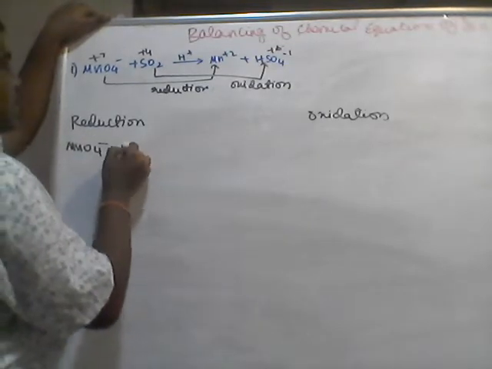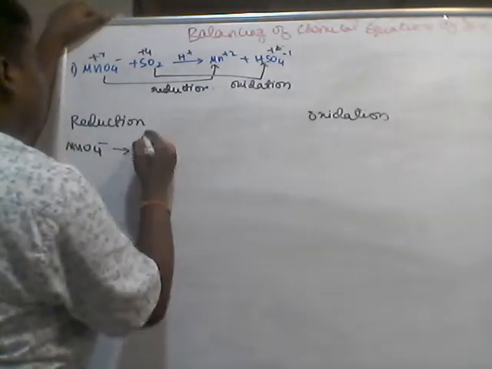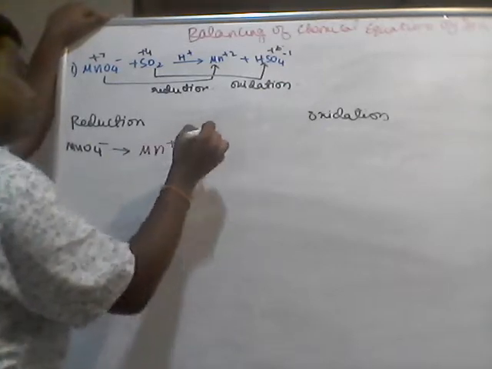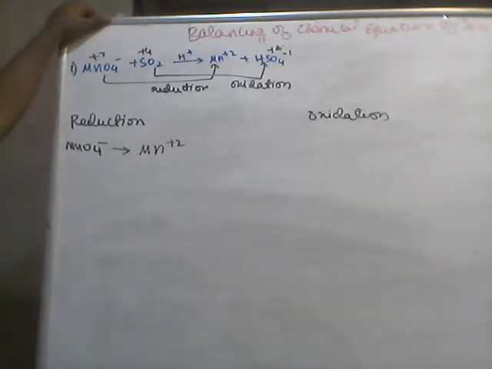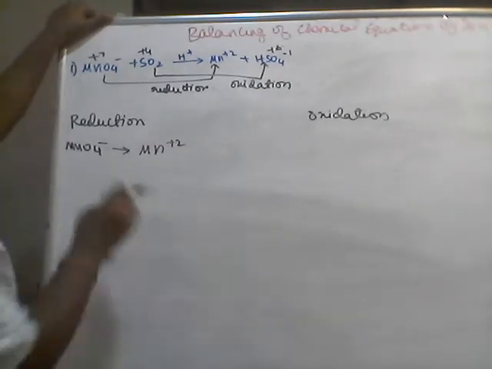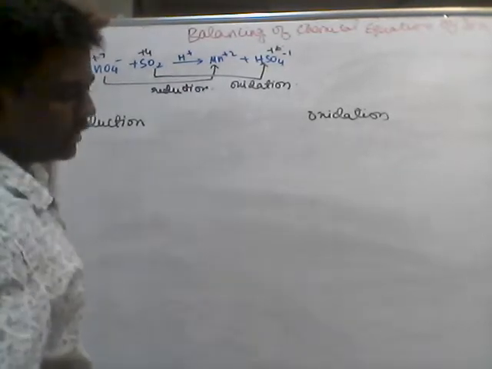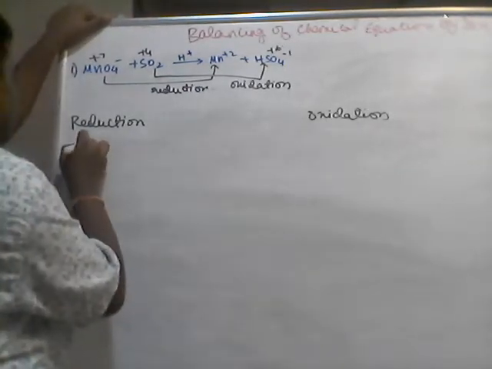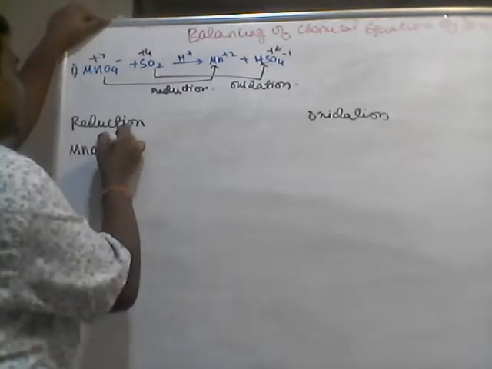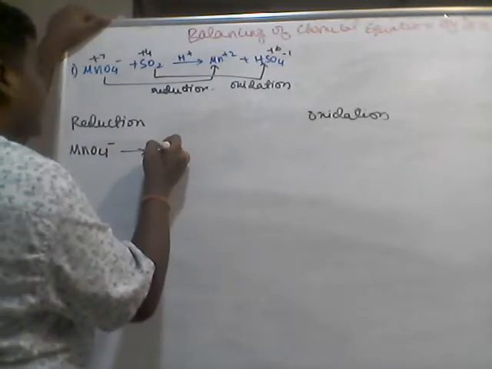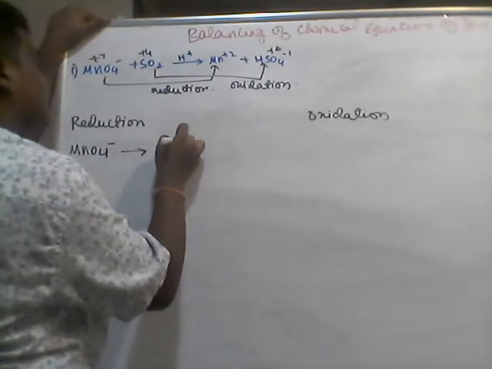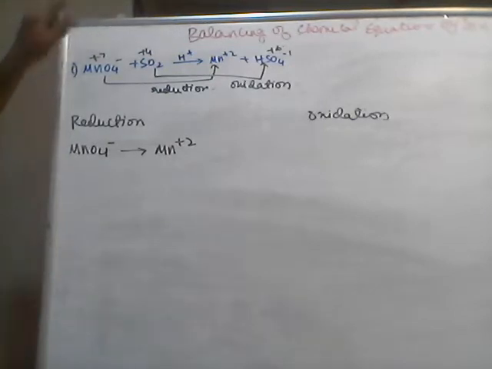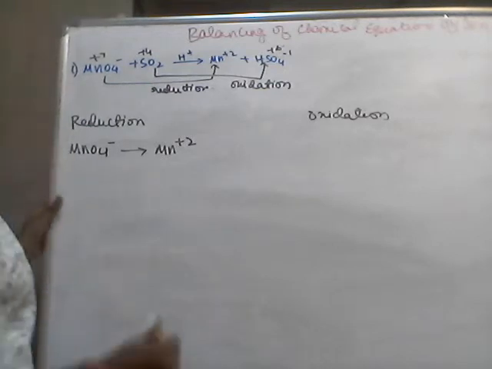MnO4 minus gives rise to Mn plus 2. Now, the first basic step is what? Balancing the elements other than hydrogen and oxygen. The element other than hydrogen and oxygen present with us is manganese, Mn. Mn is already balanced, here one, done. Coming to the next, oxygen. 4 oxygens are present.